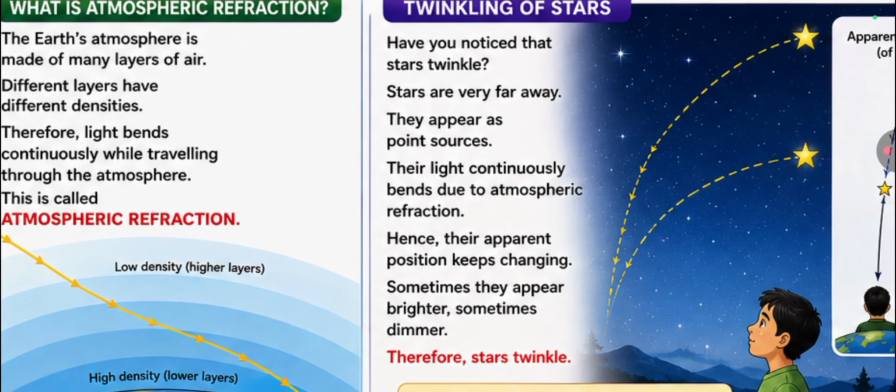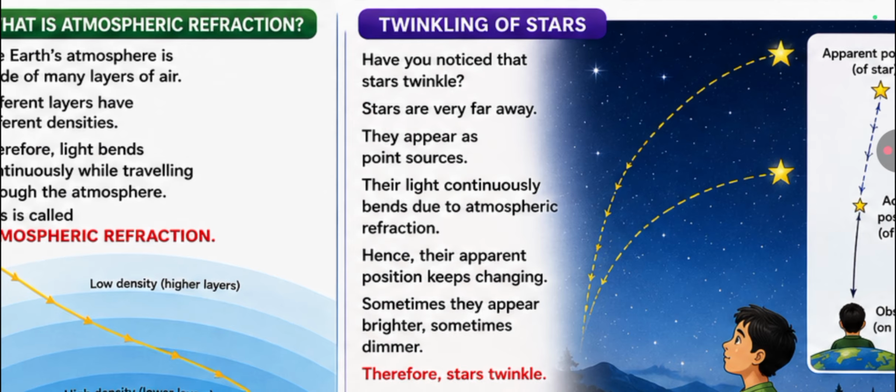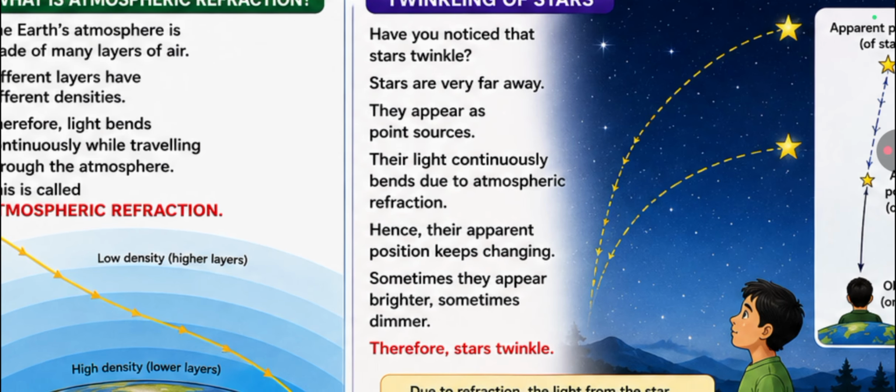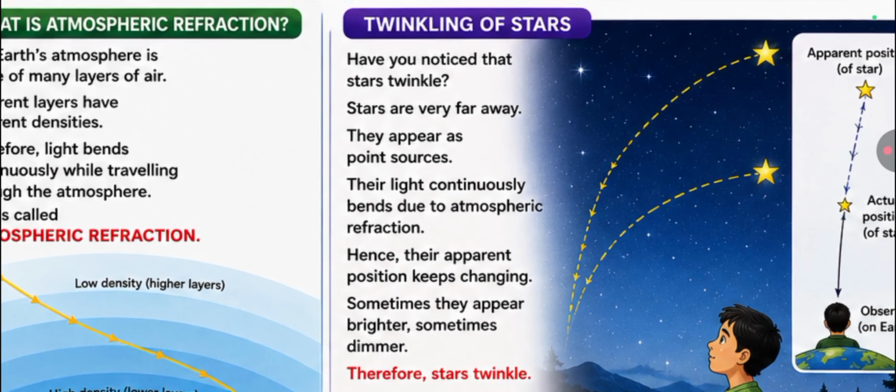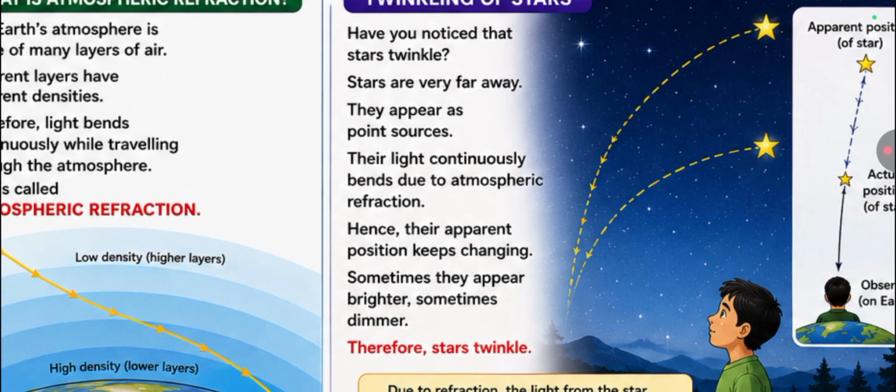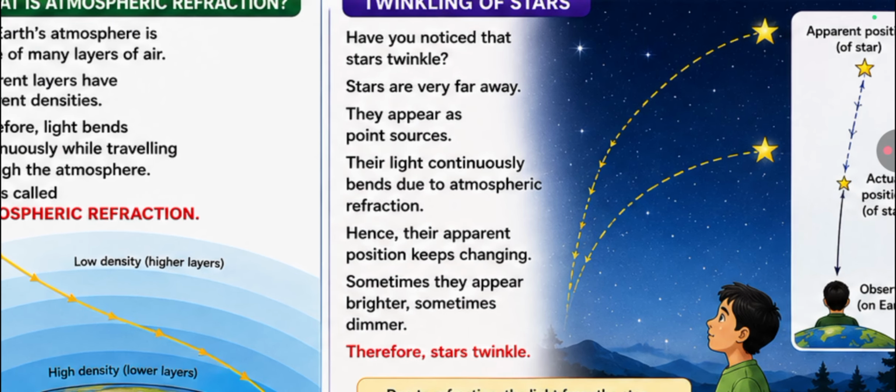Now we are learning about the twinkling of stars. How do you notice that stars twinkle? Stars are very far away. They appear as point sources. Their light continuously bends due to atmospheric refraction, hence their apparent position keeps changing.